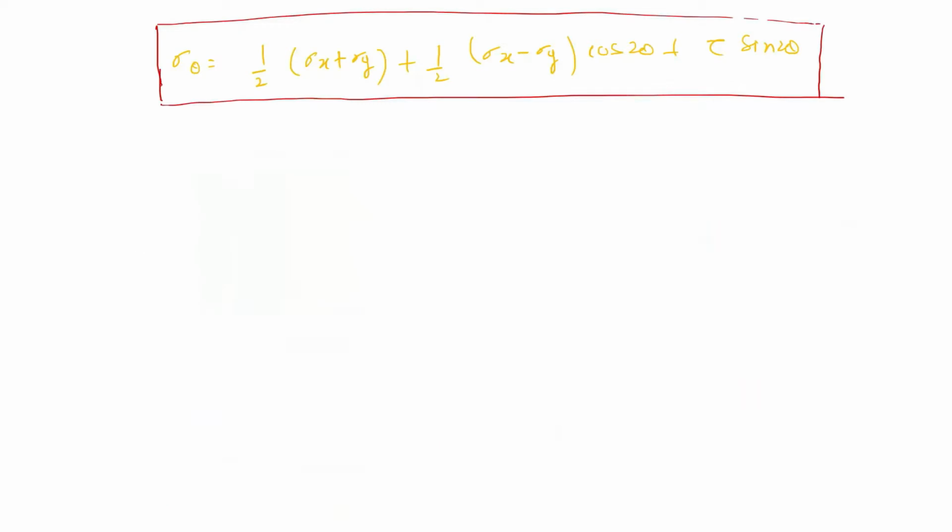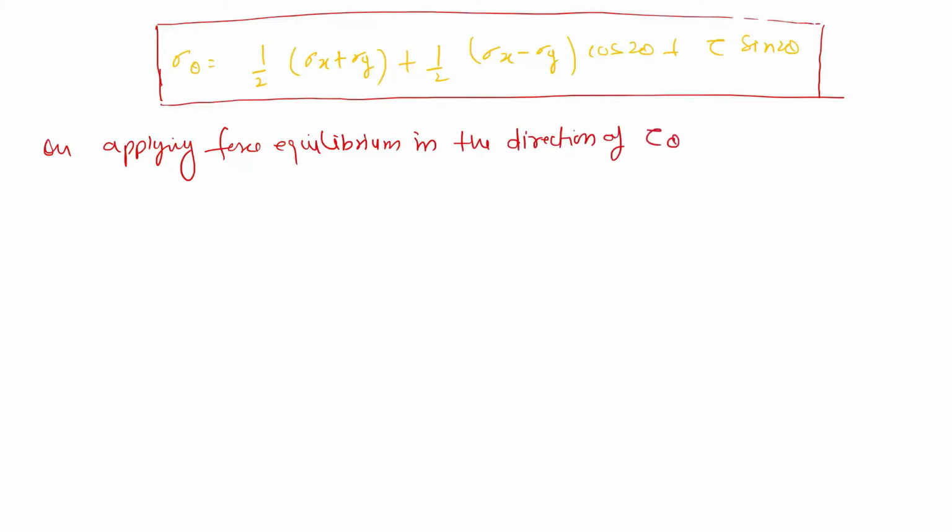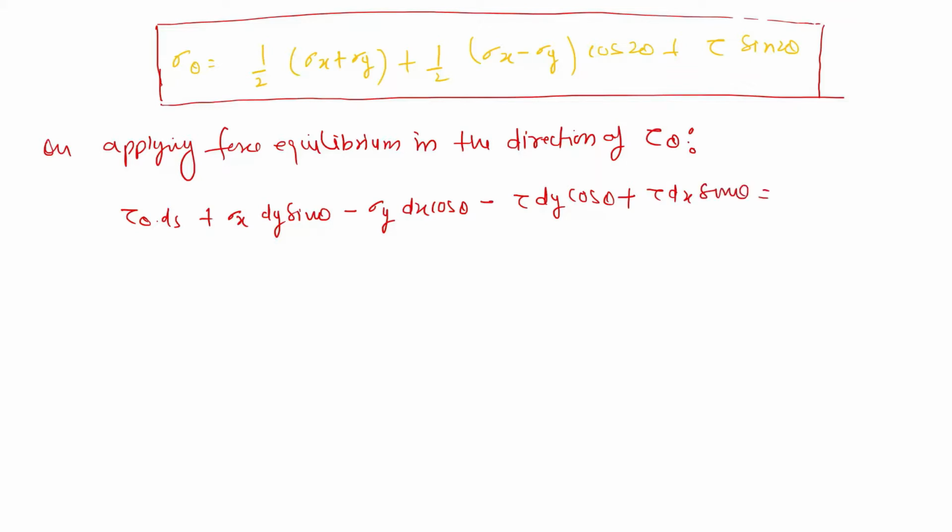So on applying force equilibrium in the direction of tau theta, we can write tau theta ds plus sigma x dy sin theta minus sigma y dx cos theta minus tau dy cos theta plus tau dx sin theta is equal to 0.